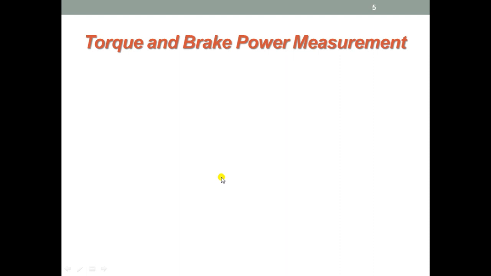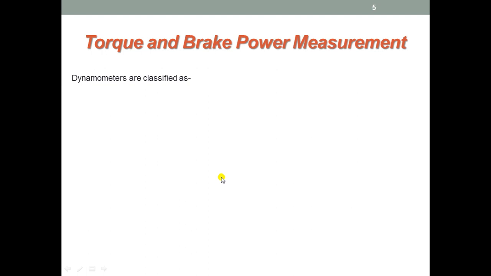Moving on to the next one, that is torque and brake power measurement. Generally dynamometers are used to measure the torque, in turn we will get brake power. Measurement of BP is one of the important parameters of an engine. It involves the determination of the torque and angular speed of the engine output shaft.